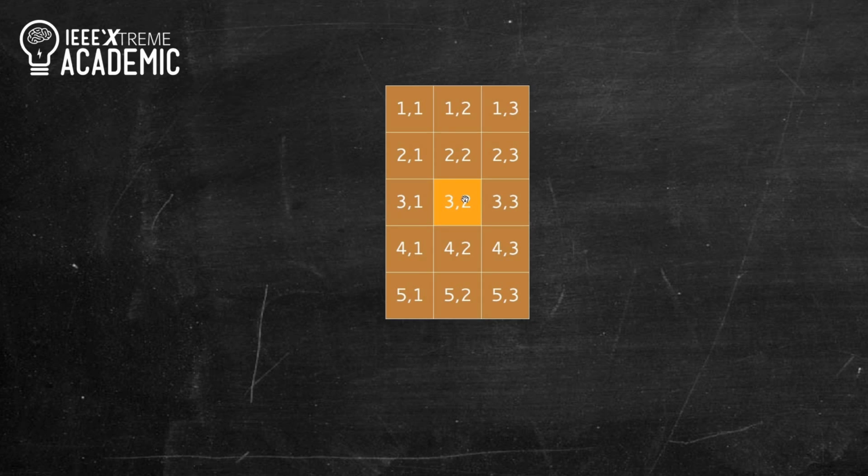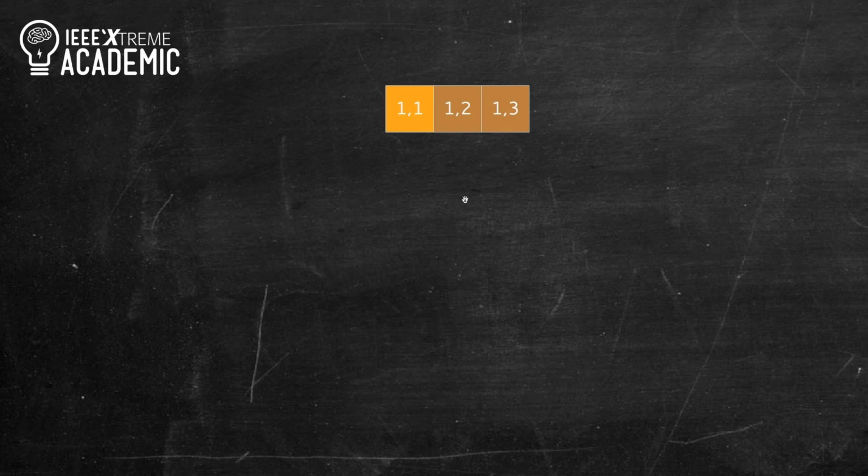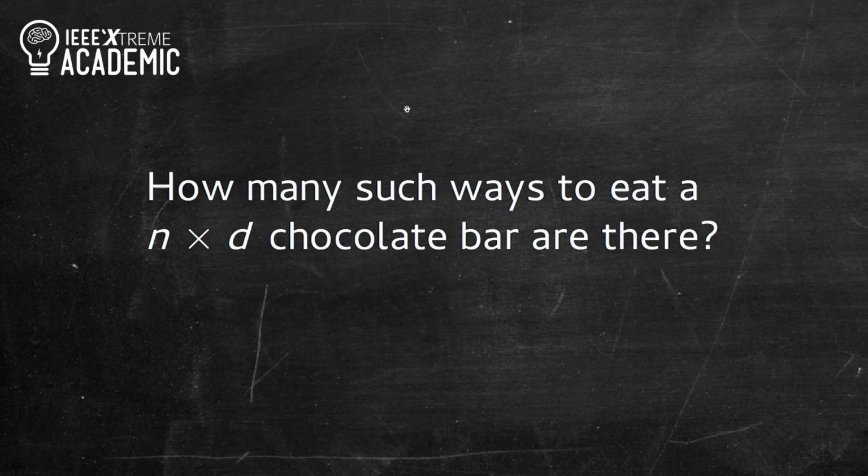Since I did not finish the chocolate bar, I'm going to select a new chunk and do the same, and again, until I select the chunk 1, 1, the last remaining chunk, and I finish eating my chocolate bar. And now the challenge was to find how many different ways there are to eat a chocolate bar using such a strategy, given that the initial size is n times d.